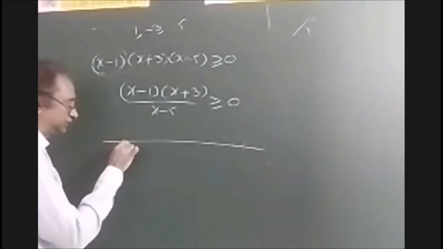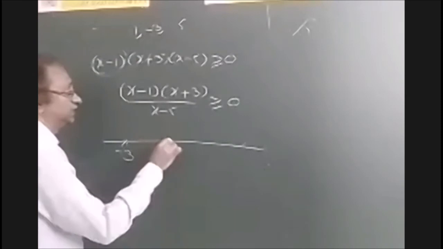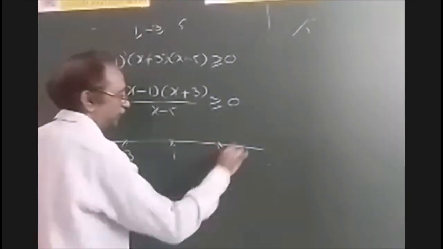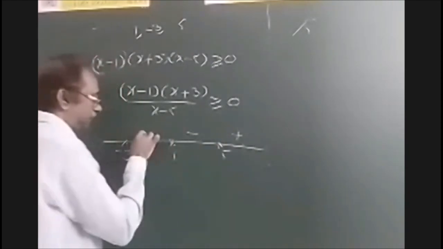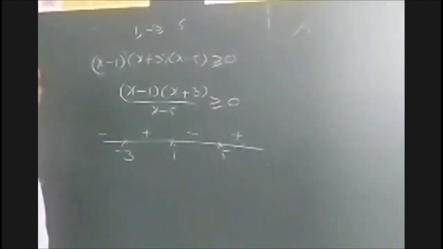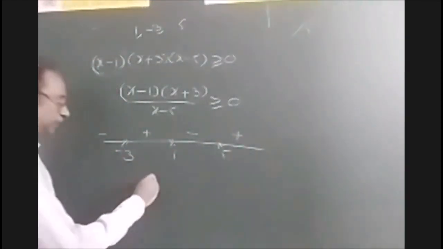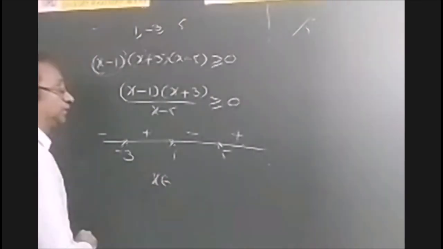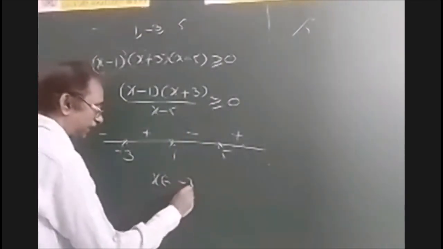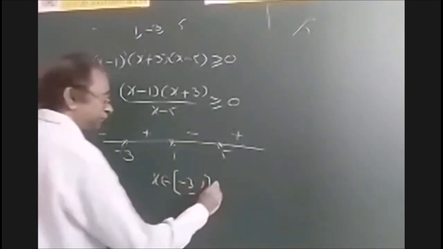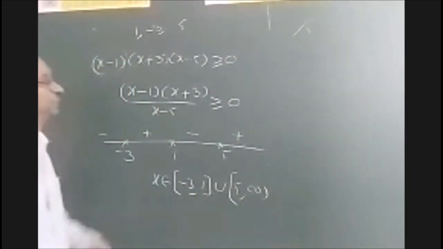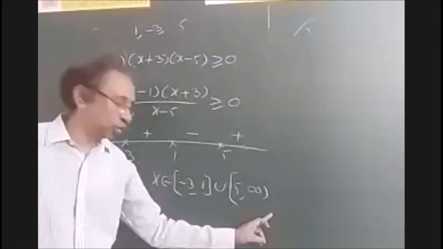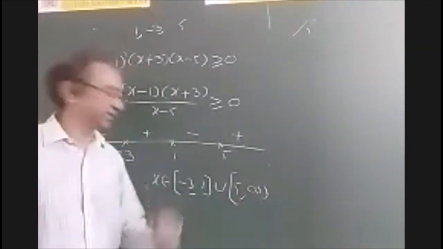That is -3, 1, 5. Just do as in the previous one: plus, minus, plus, minus. In the previous one, x belongs to [-3, 1] union [5, infinity), because it was greater than or equal, with all closed intervals and open only at infinity.